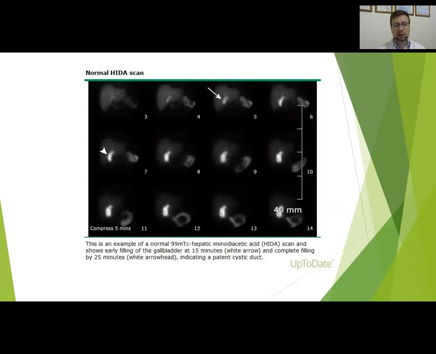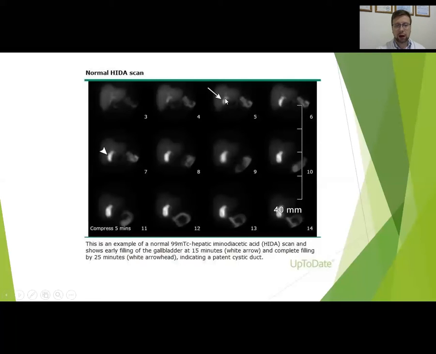Here on this slide we can see the nuclear scan, the dynamic scintigraphy, from the upper part of the upper rows. We can see the beginning of the examination under number 3 and the last scan under number 14. This is an example of a normal technetium-99m hepatic iminodiacetic acid scan, called a HIDA scan, and it shows early filling of the gallbladder at 15 minutes.